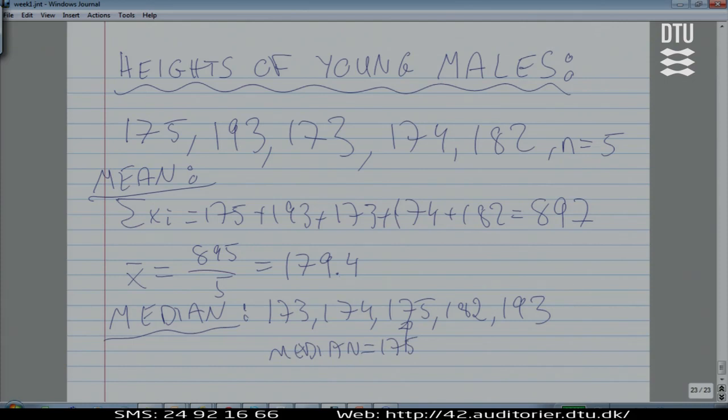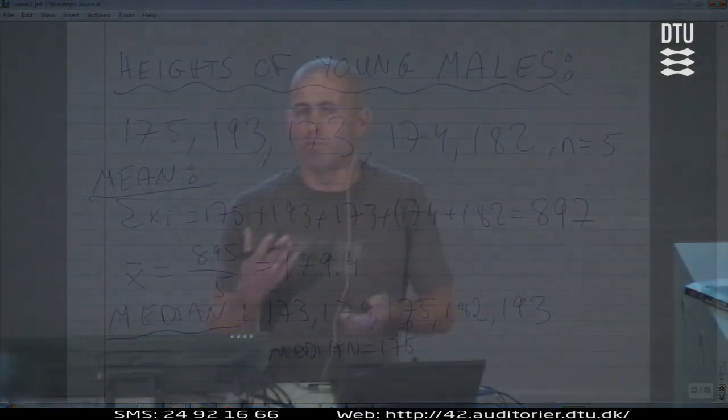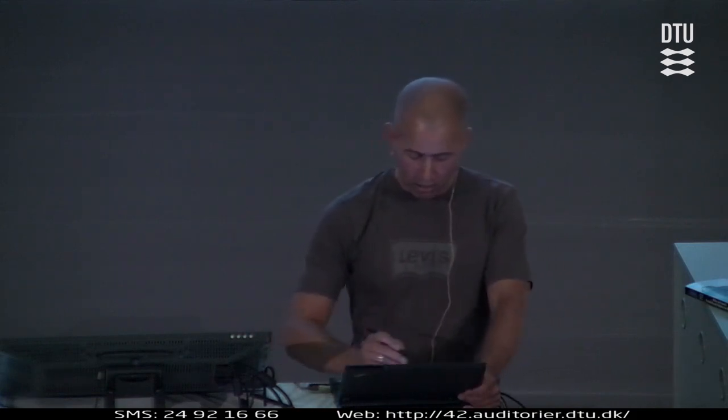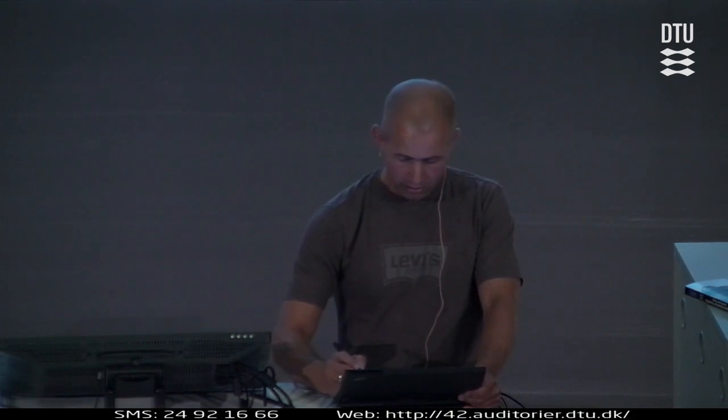Now, one of the differences, there is an obvious difference in how the median and the mean are defined. The difference in when it could make good sense to use one versus the other is related to whether we have nicely distributed data or we might have odd outliers, odd individual numbers.